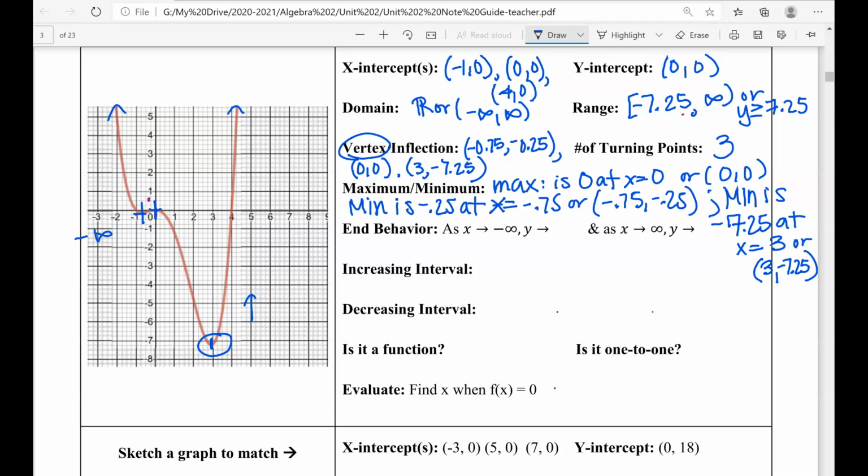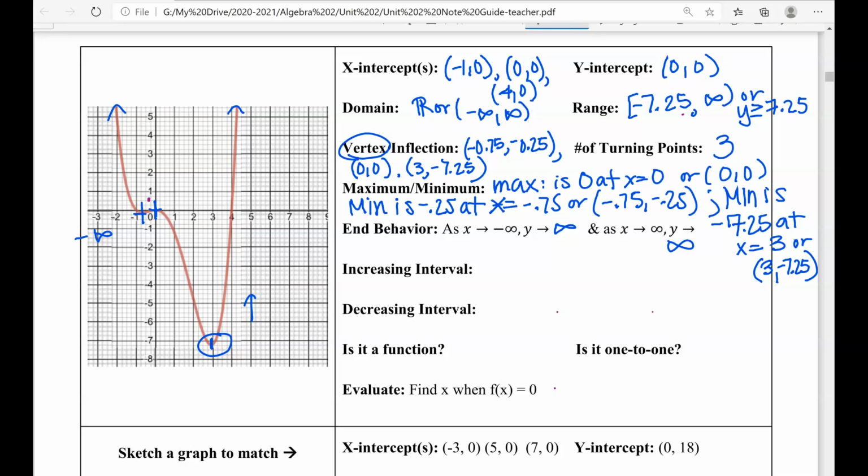I'm trying to squeeze in that spot. So for this one, you can write your min as an ordered pair, just like the vertex. End behavior. What's happening to y as x is going to the left? Y goes upward. Same thing as x is going to the right, y is also going upwards. So both right and left end behavior are positive, going up and up.